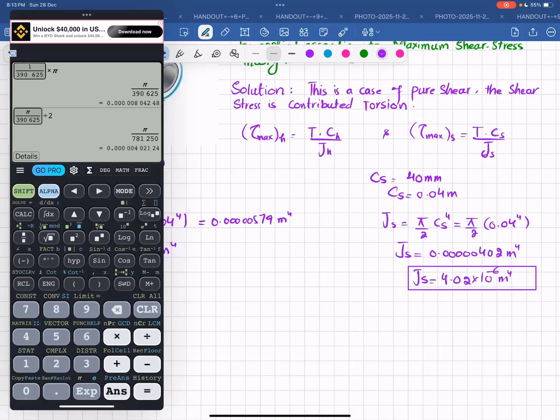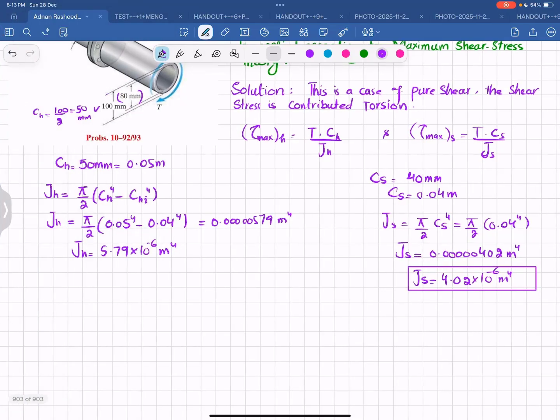So what we are going to do is that we will find maximum shear stress for hollow segment, that is T, which is not known and we are going to find, multiplied by Ch. So Ch is 0.05 divided by J, and J is 5.79 into 10 raised to power minus 6.